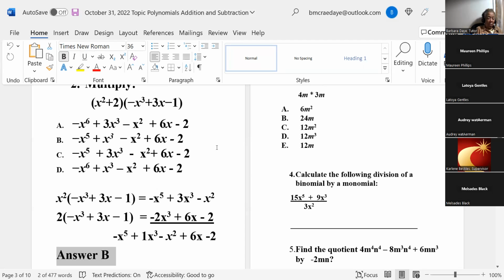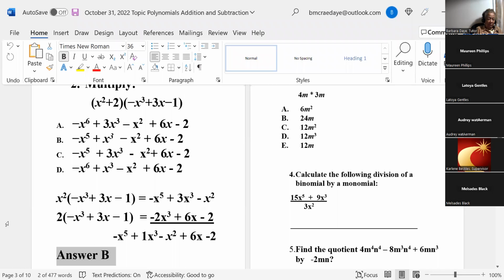But just remember, Mercedes, when you have an expression like this where you've got two items in this term, so you've got x to the 2nd plus 2, you have to multiply the x to the 2nd by the polynomial and the 2 by the polynomial and then combine them.